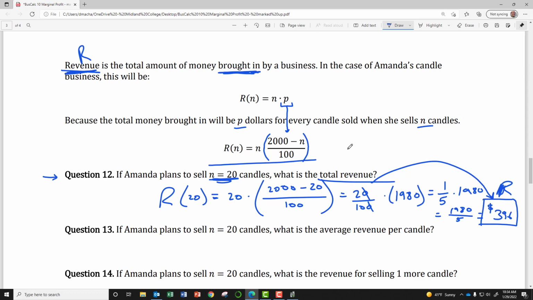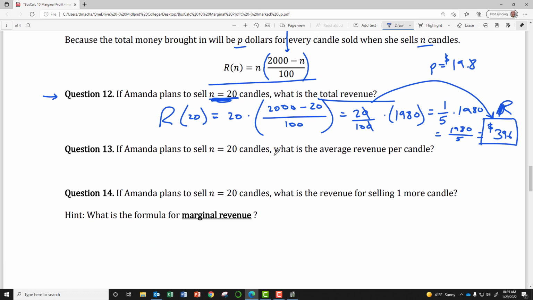So it'd be 2,000 minus N divided by 100, and 2,000 minus N was 1980, divided by 100. The price we're selling at is $19.8 per candle. So if I sell 20 candles at $19.8 per candle, that nets me $396 in total revenue.